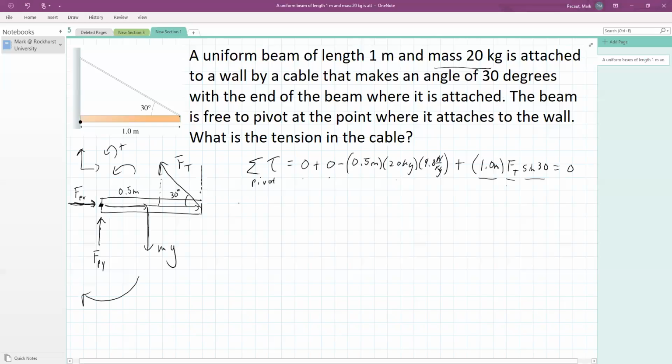I hope you can see that if I had instead summed the forces in the x direction, I would get the force from the pivot in the x direction minus the tension force times cosine of 30. That gives me 2 unknowns in one equation. That's not good. And if I'd summed the forces in the y direction, I would get the force from the pivot in the y direction plus the tension force in the y direction minus mg. And again, that gives me 2 unknowns in another equation.